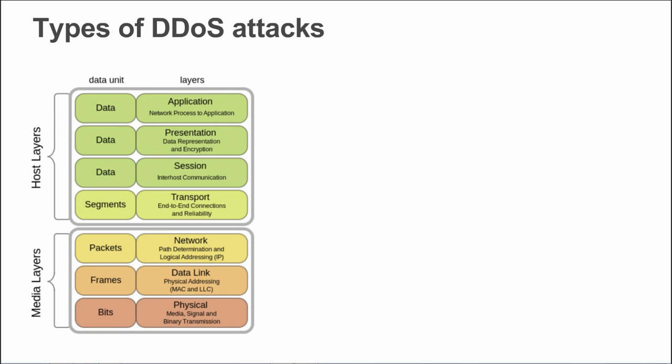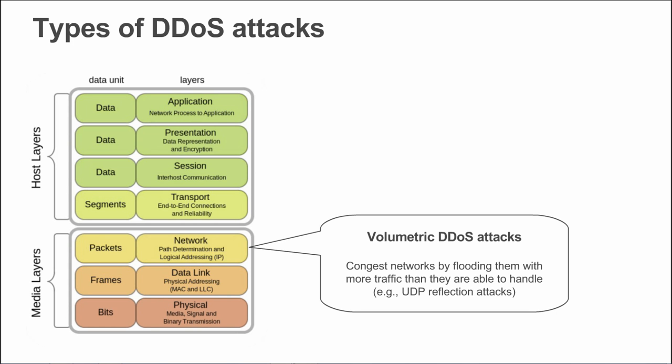Now, when talking about a large volume of traffic, the traffic could be on different layers. It could be volumetric DDoS attacks, which congest the network pipes between your end users and your application. These could be attacks like UDP or reflection attacks.